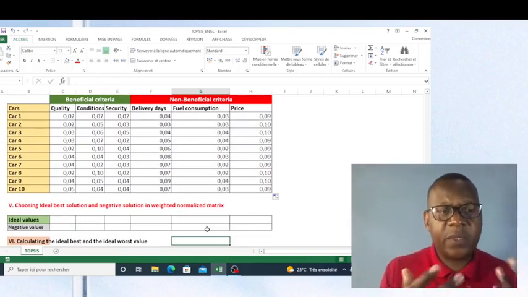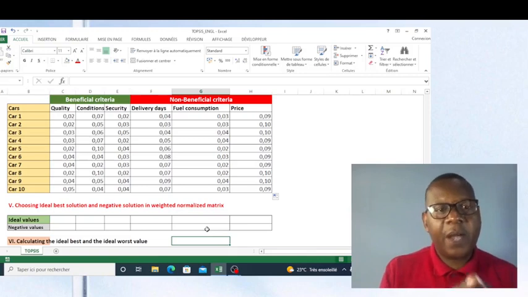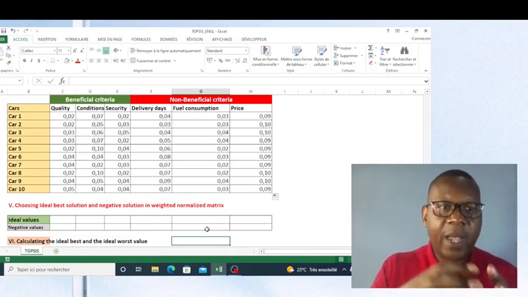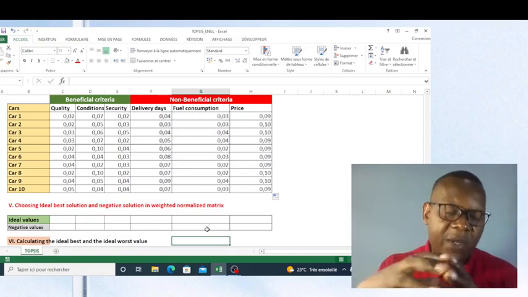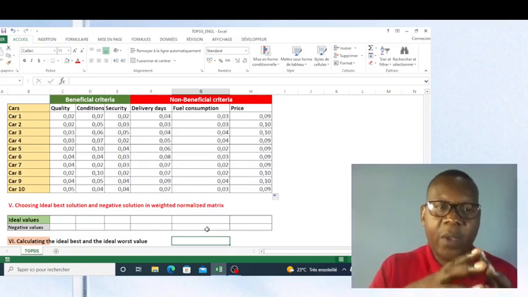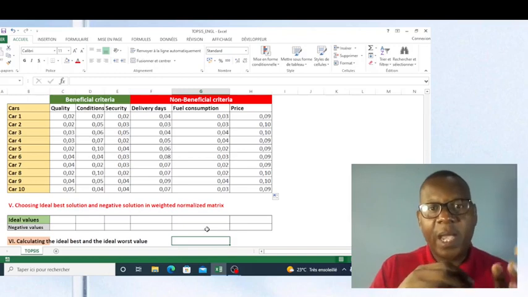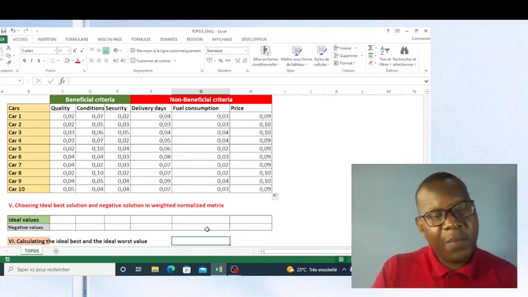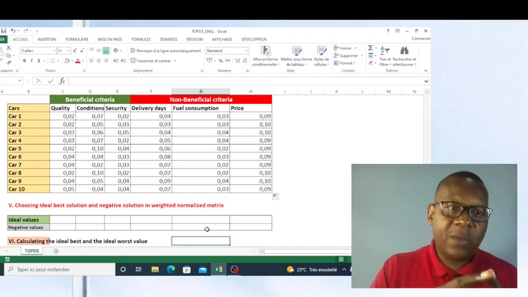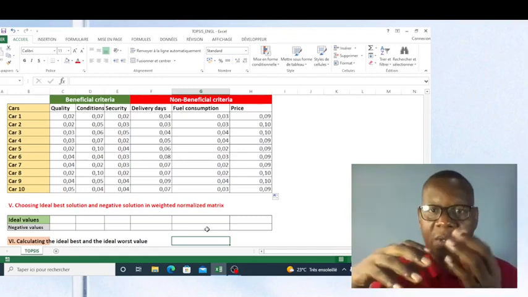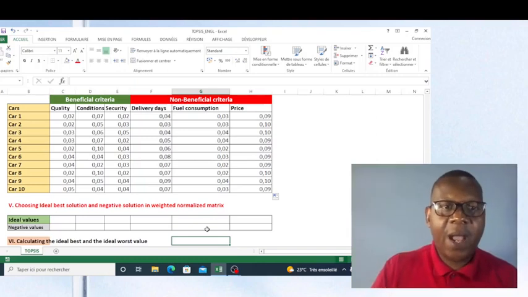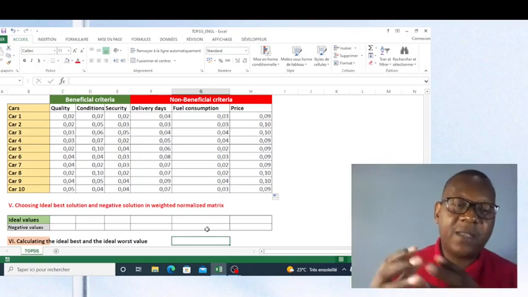The next step is to choose ideal values and negative values. Now, to choose these values, it depends on your criteria classification or the nature of your criteria. Because remember, we have beneficial criteria and non-beneficial criteria. Beneficial criteria are those for which we need the highest value.